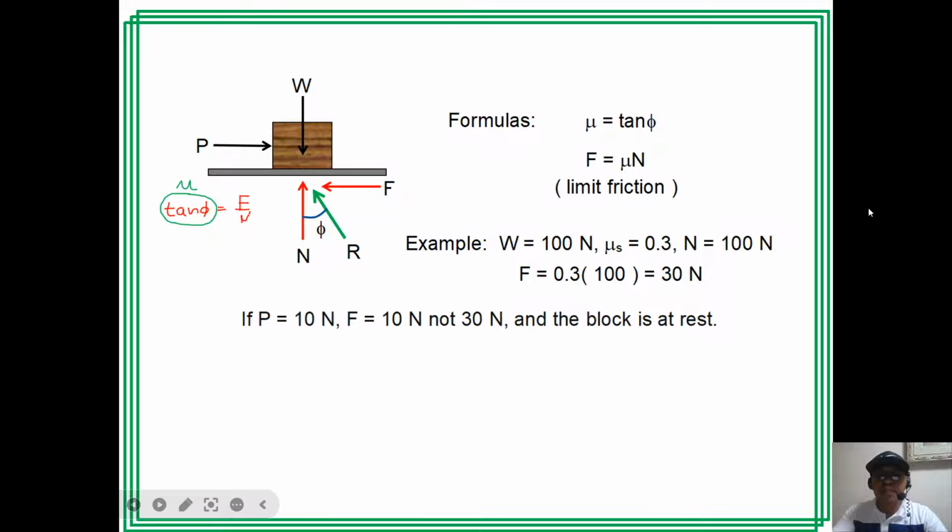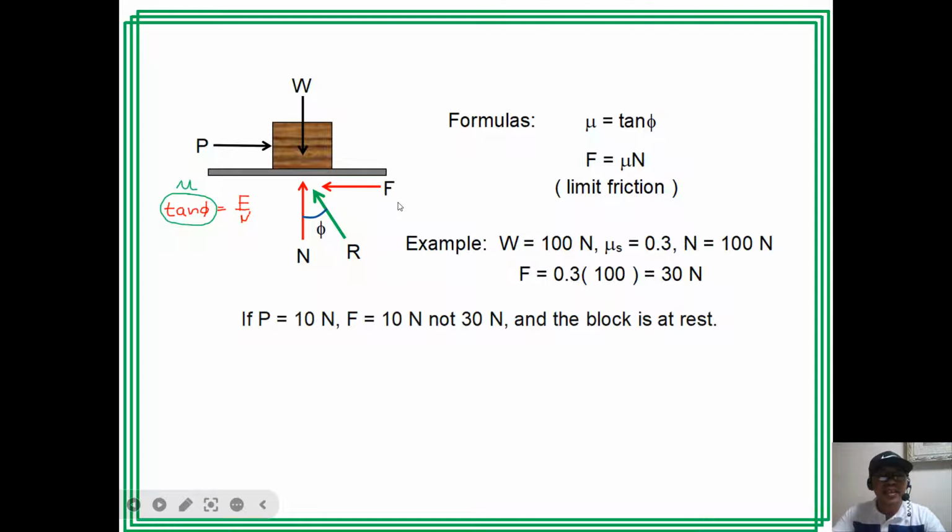Say, for example, if my P is 10, this is 100, this is 100, this is 30. If my P is 10, our F is not 30. That is only 10. Can you imagine? This is 10, this is only 10. And the block is at rest.